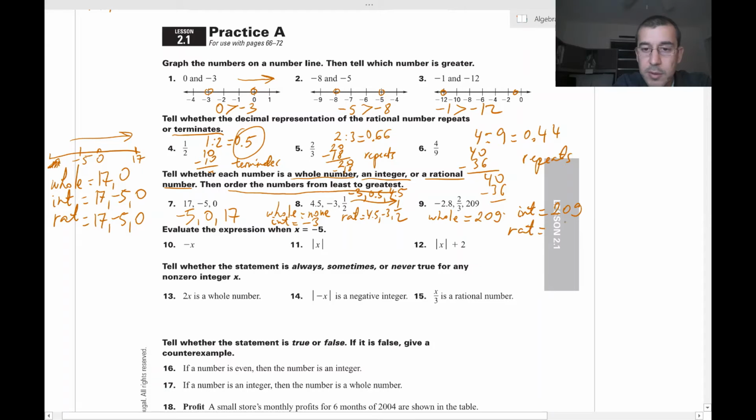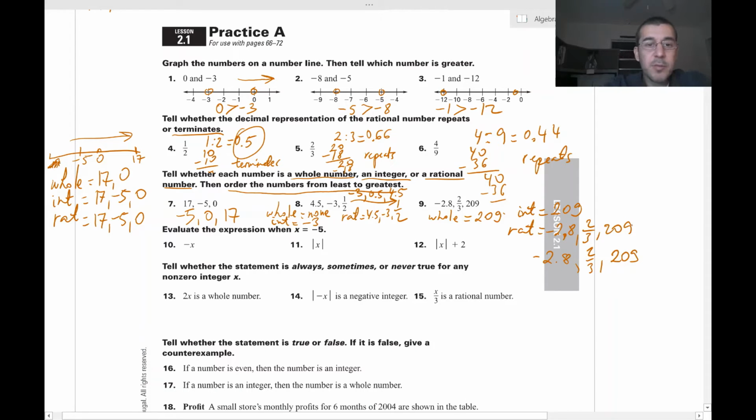Rational numbers, minus 2.8, 2/3, 209, all 3. And then we have order the numbers from least to greatest. Least, minus 2.8. Minus 2.8 is the smallest one. And then 2/3 is 0.6666, right? So that one is next, 2/3. And then 209.